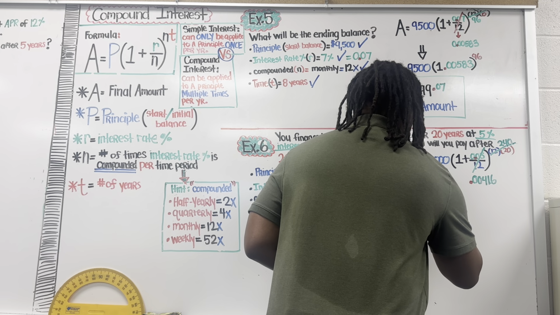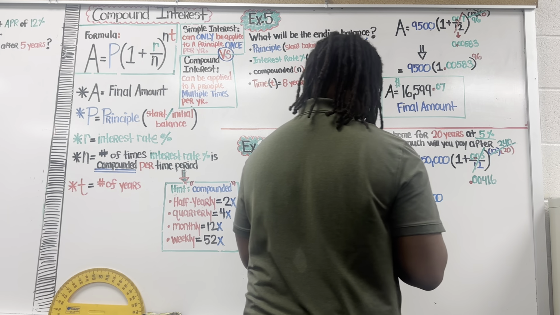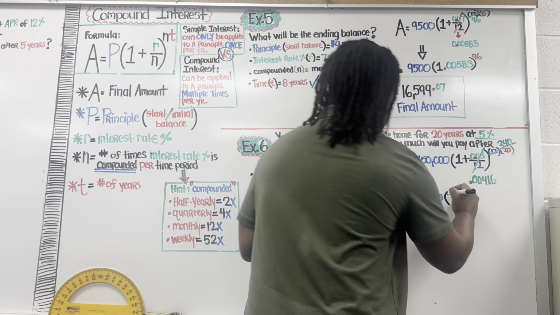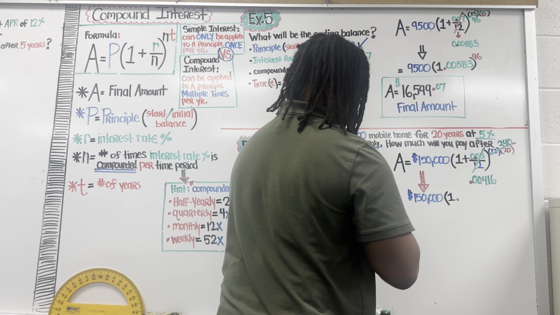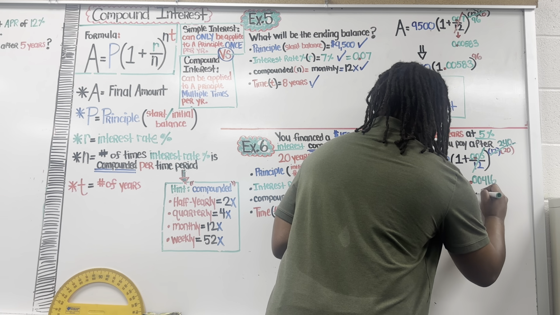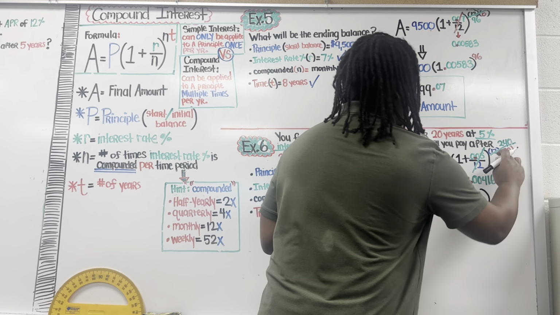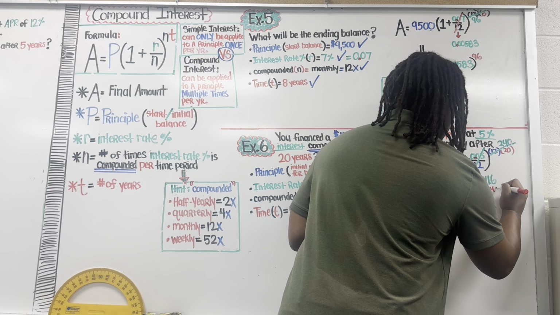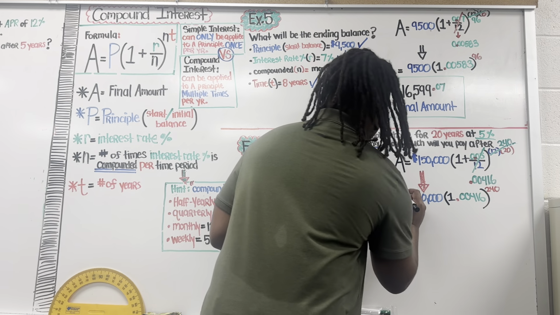So now I still have the principal, which is how much the house is worth, $150,000 on the market, times parentheses 1 plus this. So it's going to be 1.00416, parentheses closed, to the 240th power, all right?